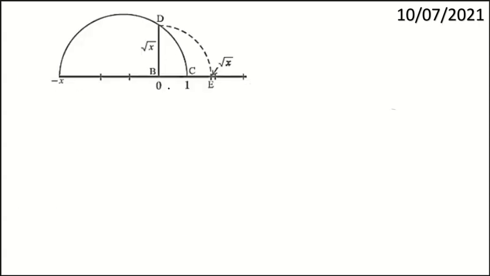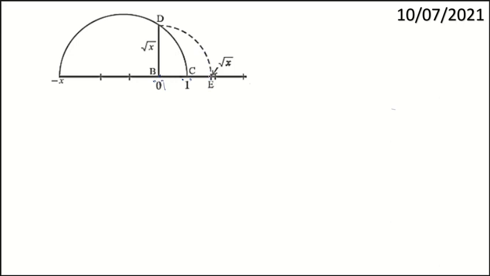So with the help of BD length, taking the point B as the number 0, where C becomes the number 1, taking point B as the center and BD length as the radius, we will mark a point E on the number line using a pair of compasses.